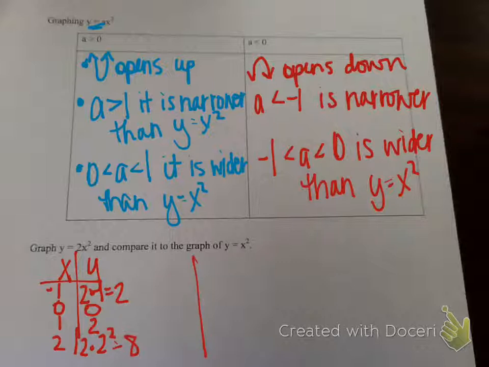So when I graph this, I get (-1, 2), (0, 0), (1, 2), and (2, 8).